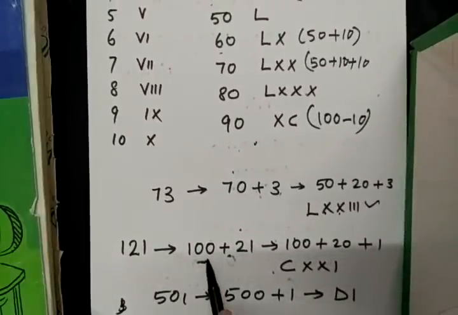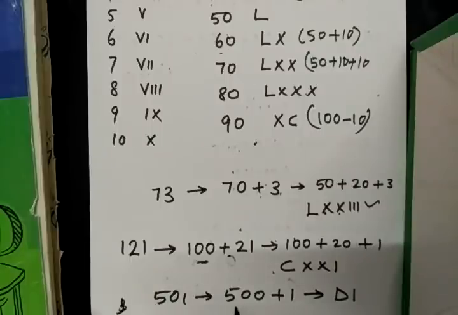How will we write it? 100 plus 21, that is 100 plus 20 plus 1. 100 is C, then X, X. When plus comes, we can write on the right-hand side only.